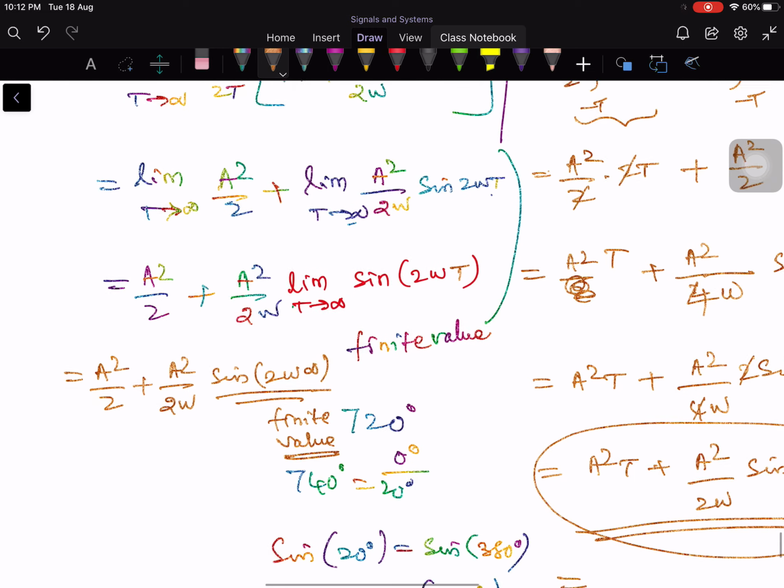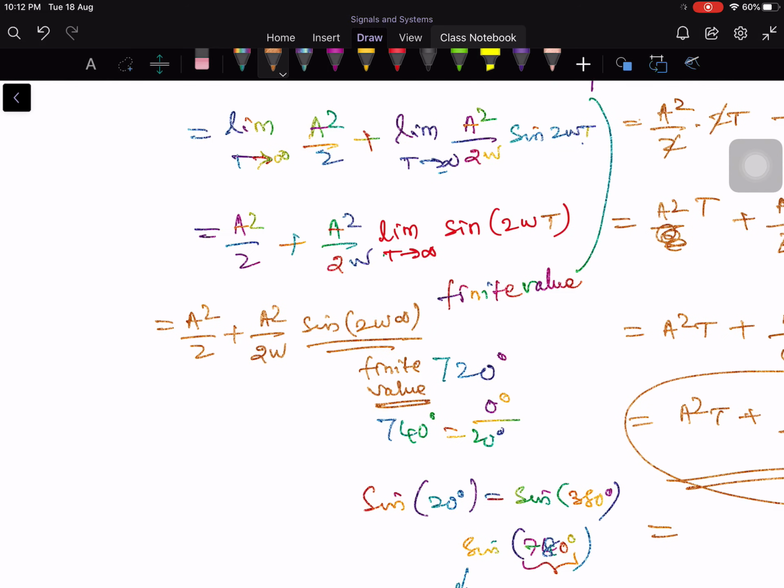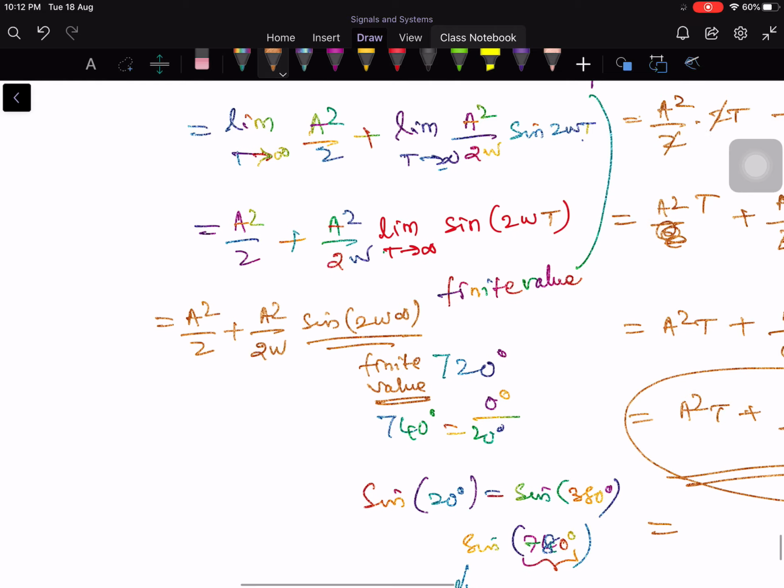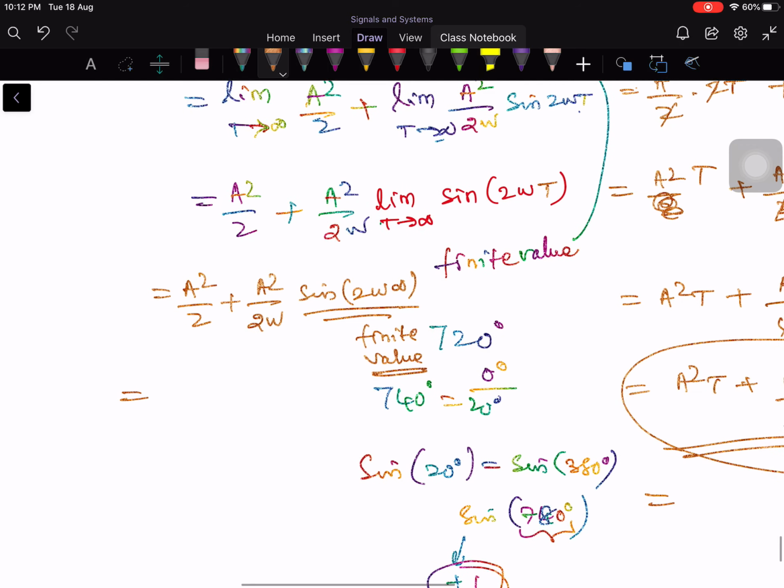So that finite value, let us assume, is plus 1 or minus 1. That's it.